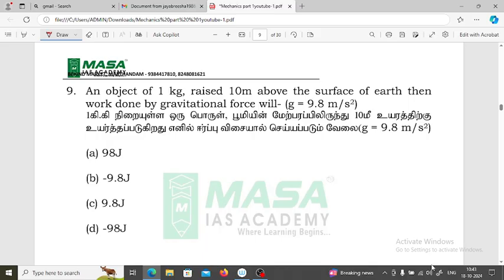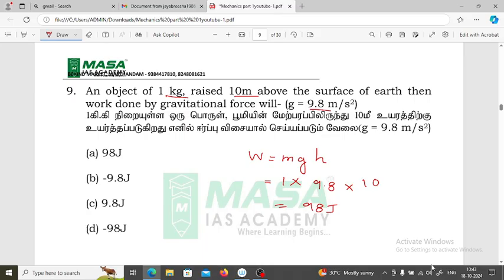Here also we apply the same formula. W is equal to mgh. What is m here? Mass of the object is 1 kg and g is given, that is 9.8, and height is given, that is 10 meter. Substitute all the values, we get 98 joule.